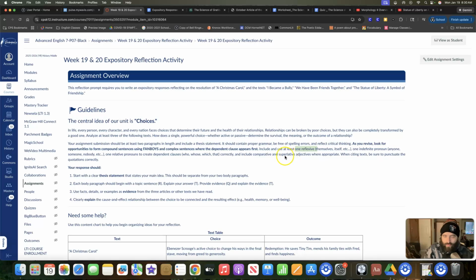So like 1 comparative, 1 superlative, 2 comparative, 2 superlative. Okay. You've been doing good with citing the text, but just make sure the quotation marks go after the period. So again, I should see a word like themselves or itself. I should see a word like anyone, someone, nobody. I should see a word like who, whose, which, and that. And I should see at least 2 comparative and superlative adjectives.